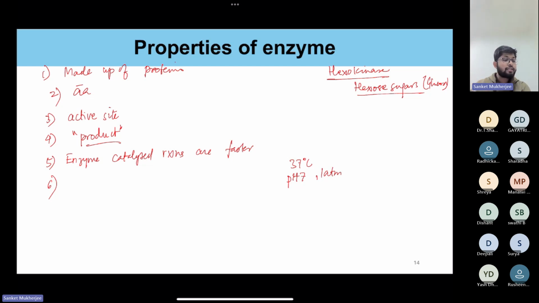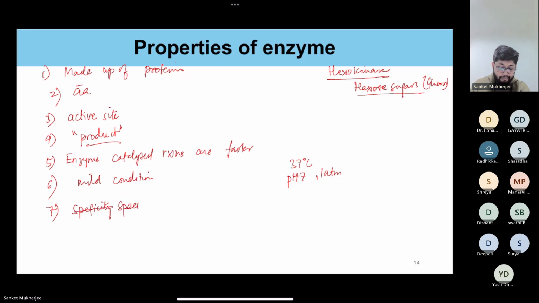So enzymes help catalyze reactions in mild conditions. Fine. They are very specific. So specificity is very important in an enzyme. Specificity towards their product and substrate both.